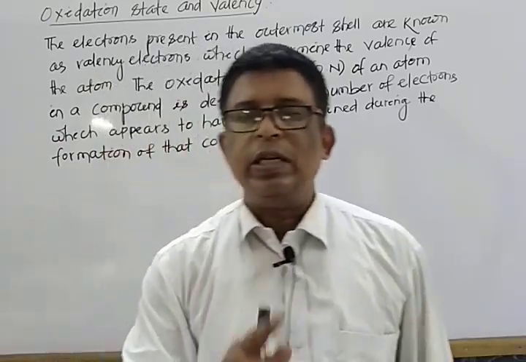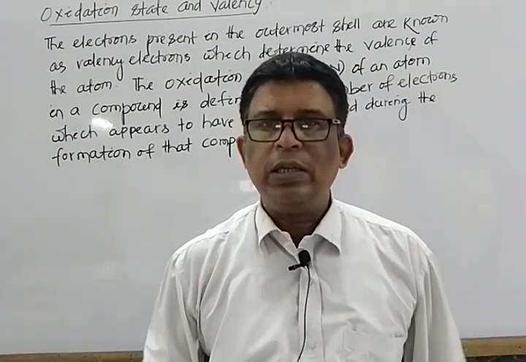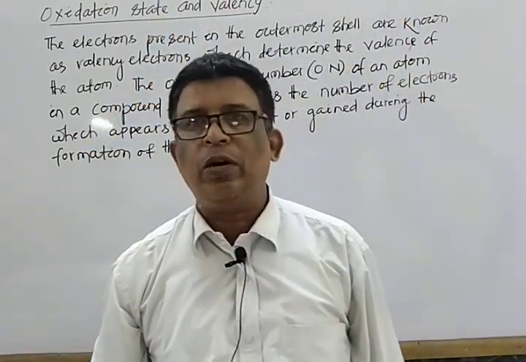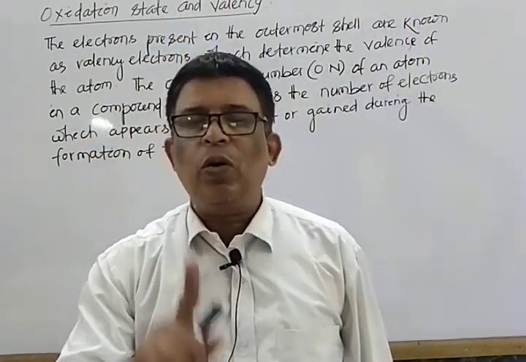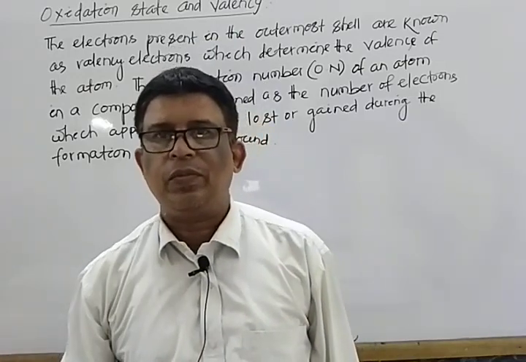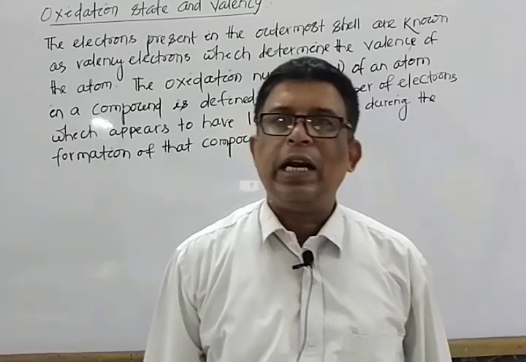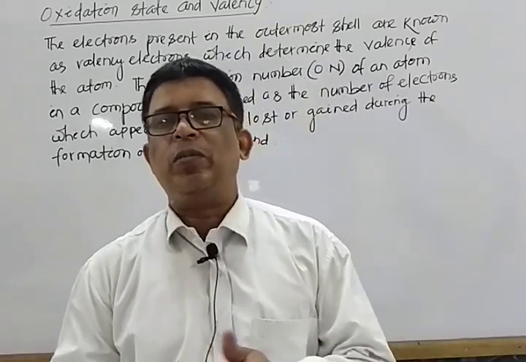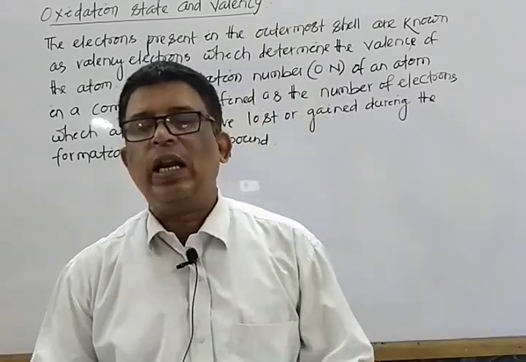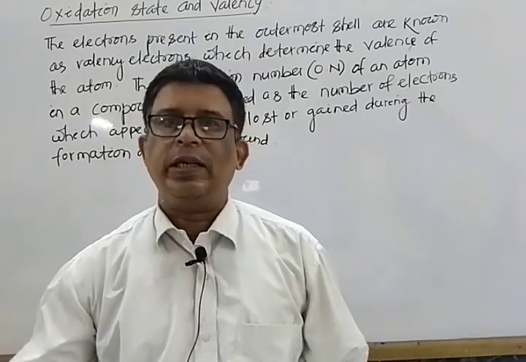Next we discuss the variation. While moving from top to bottom in a group, there is no change in oxidation state. While moving across a period from left to right in the periodic table, the oxidation number gradually changes from 1 to 8.